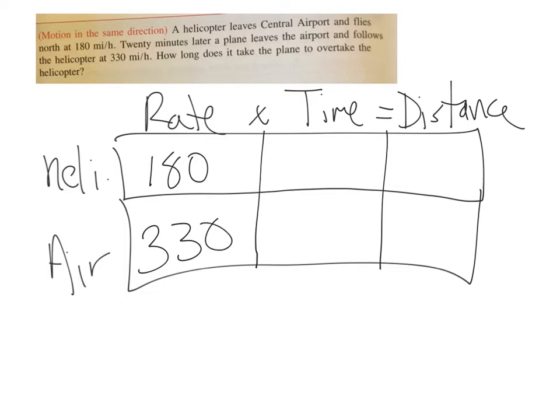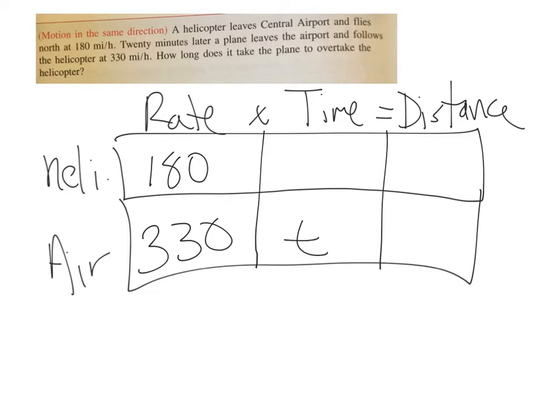So in terms of time, they don't really give us time, but they give us how the times are related. Because it says 20 minutes later, the airplane travels. So let's set the airplane's time to t.